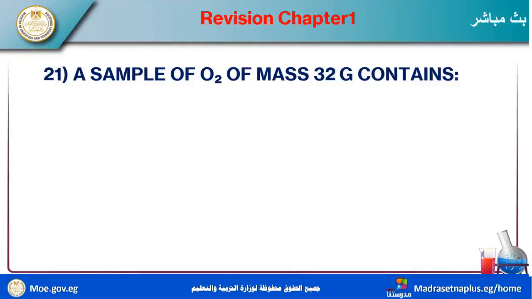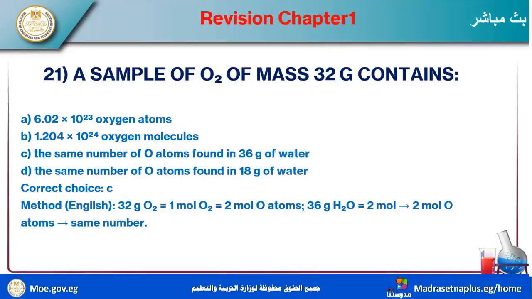A sample of oxygen of mass 32 grams contains, we have 4 choices. You must know the way first, then you can choose. Okay, a sample of oxygen O2 equal to 32 grams contains, okay, why 1 mole?